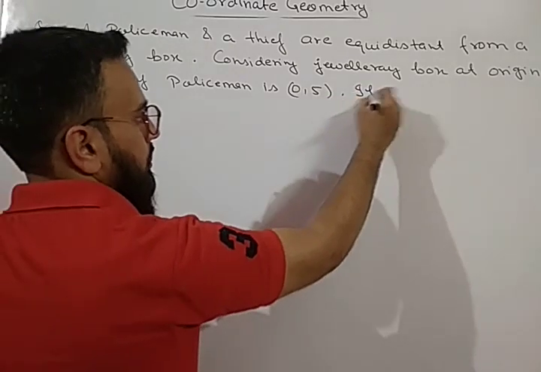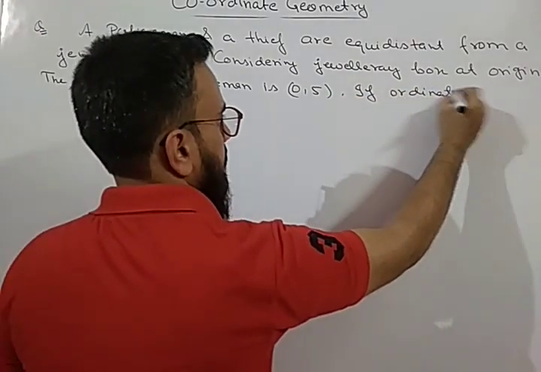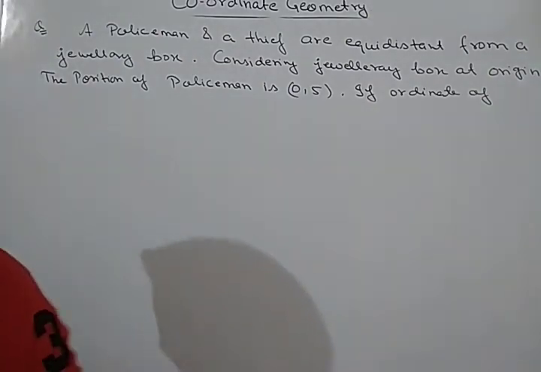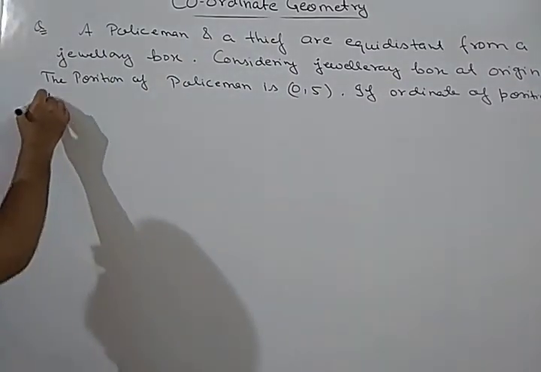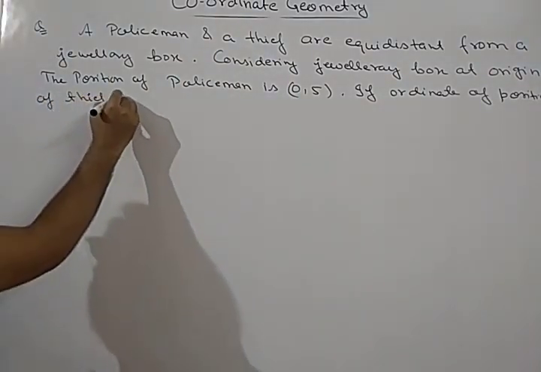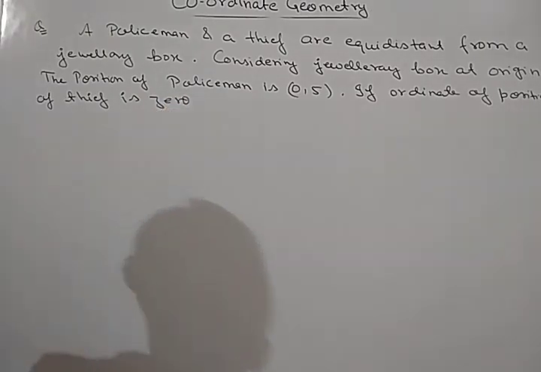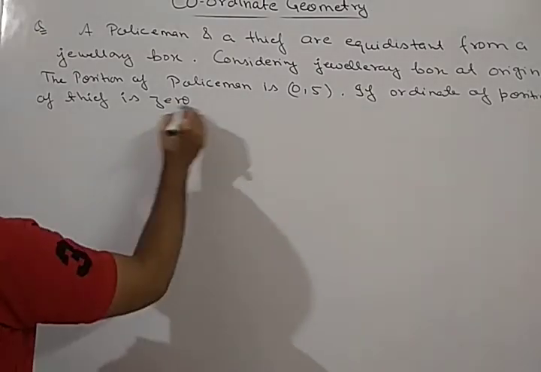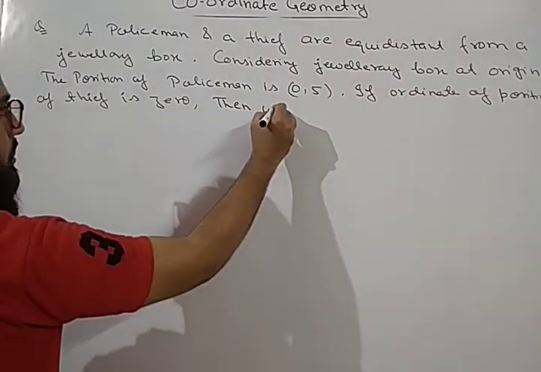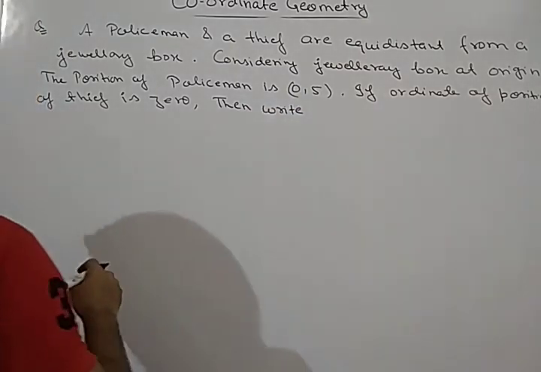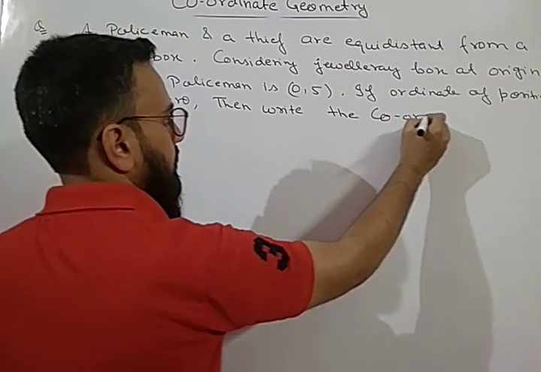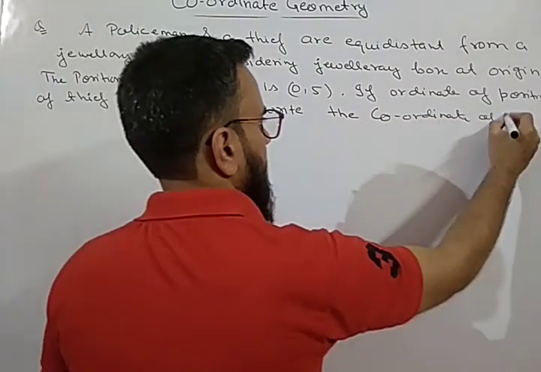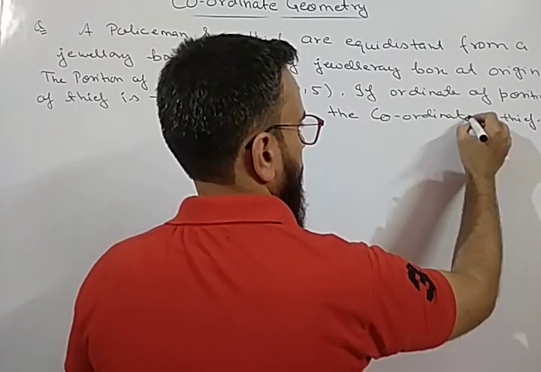If the ordinate of the position of the thief is 0, then write the coordinates of the thief.